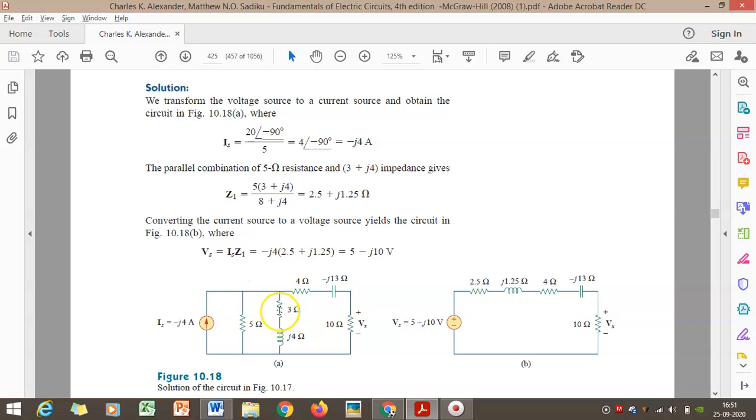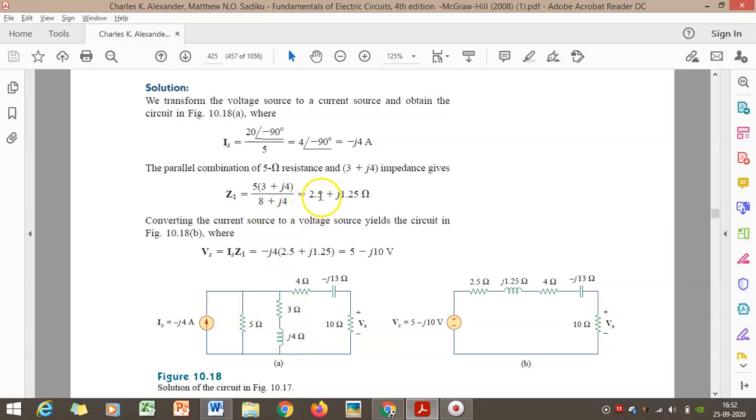The parallel combination formula is Z1 into Z2 divided by Z1 plus Z2. We assume a notation ZL, or Z1, for the combination. So Z1 is equal to 5 into (3 plus j4) divided by (5 plus 3 plus j4), which is 8 plus j4.